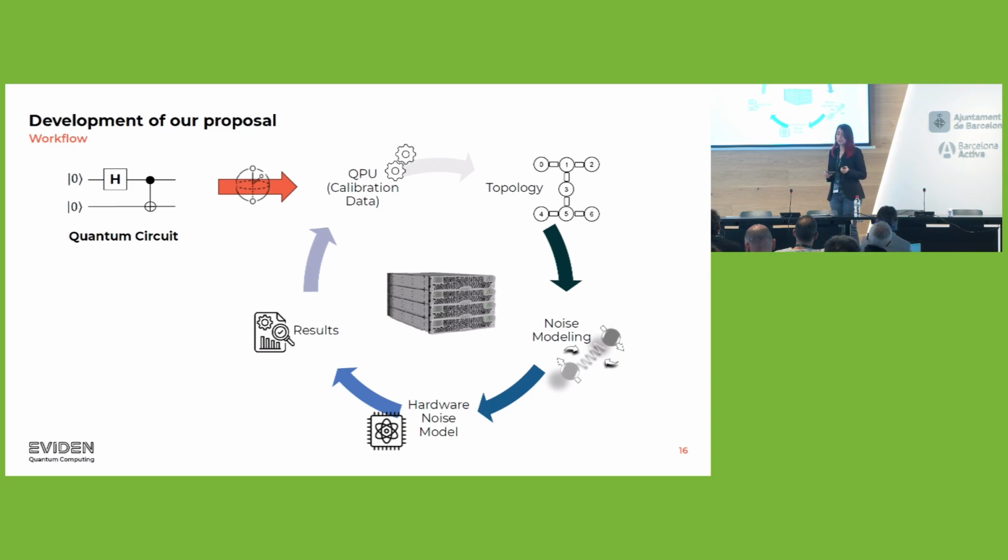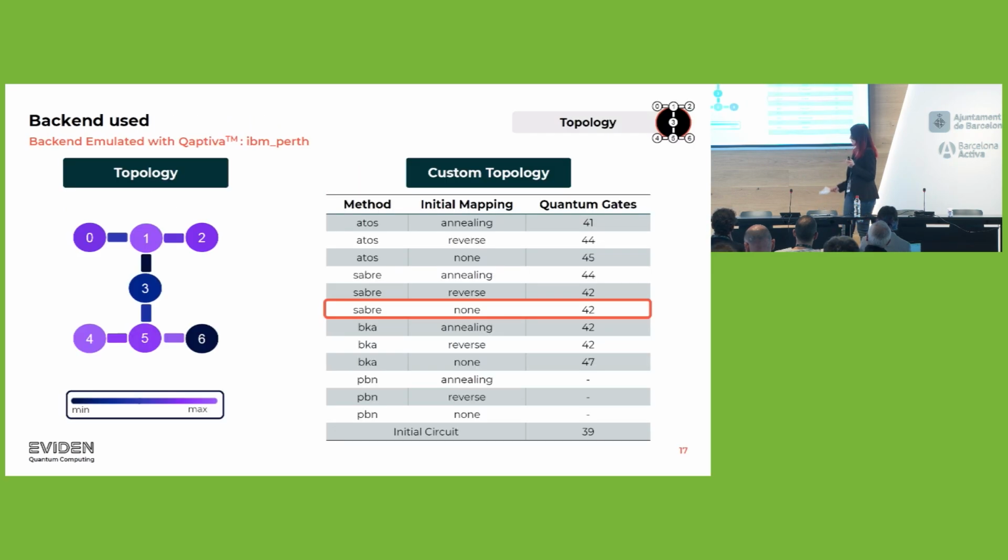The metrics we use are fidelity and time of execution. We have carried out this test with IBM Perth, with this I-shape topology. The lighter colors represent higher error, and the darker colors represent lower error.